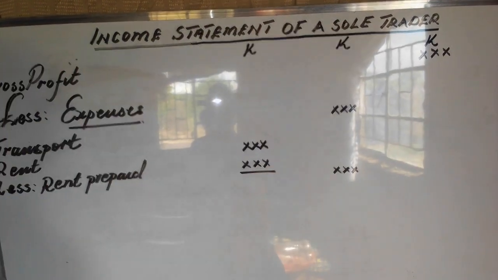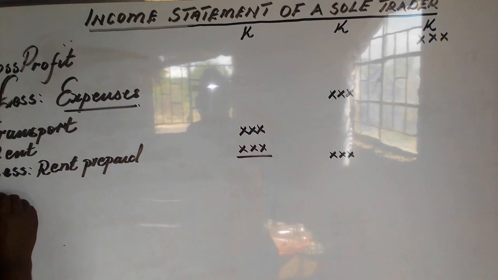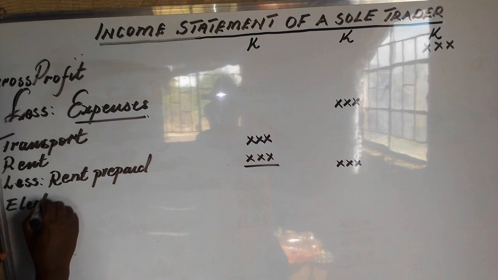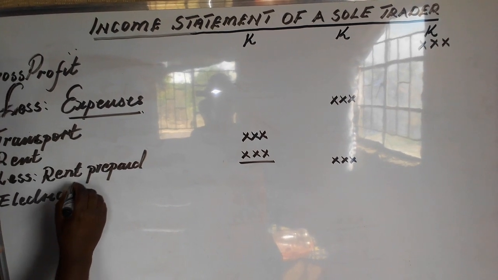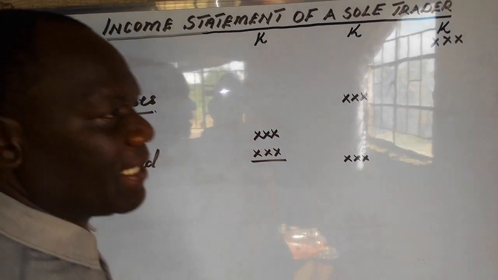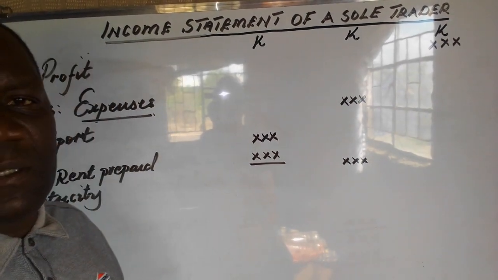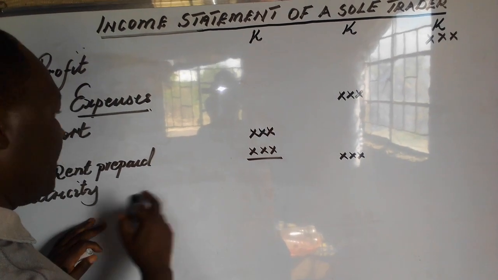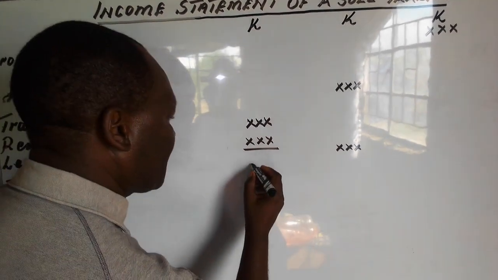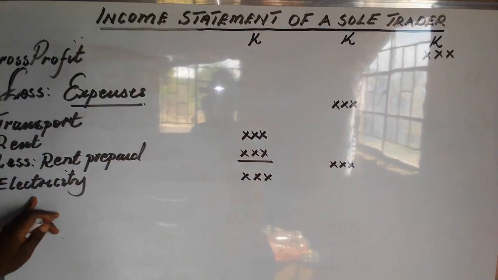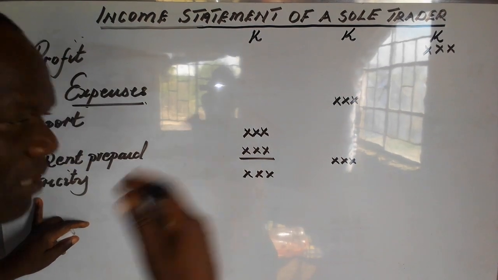The other expense is electricity. Let us take it that with electricity you still have an outstanding amount. So it will come here because it has an adjustment that you need to make. It's owing, it's outstanding.